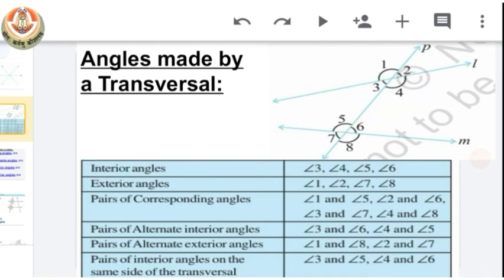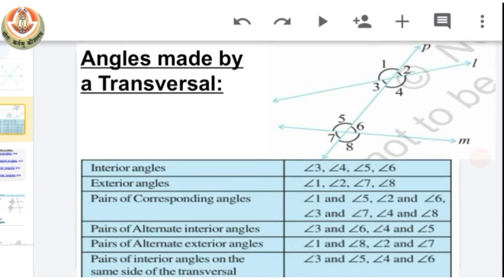So you can see here that angles 1, 2, 7 and 8 are our exterior angles. Okay class?